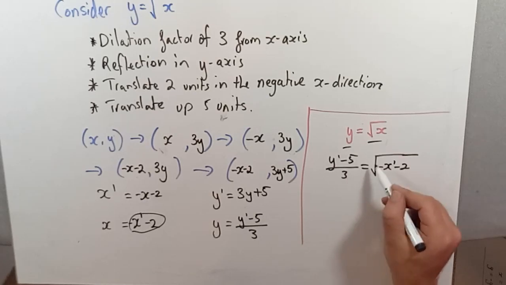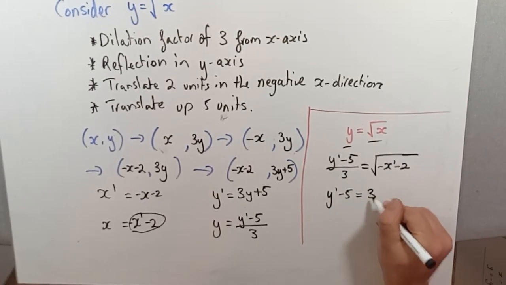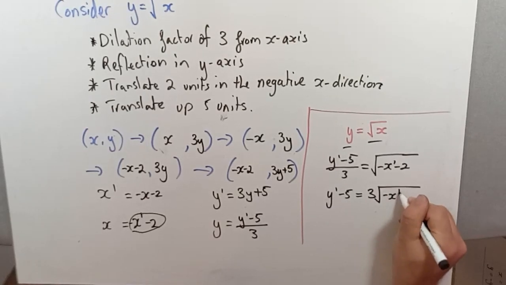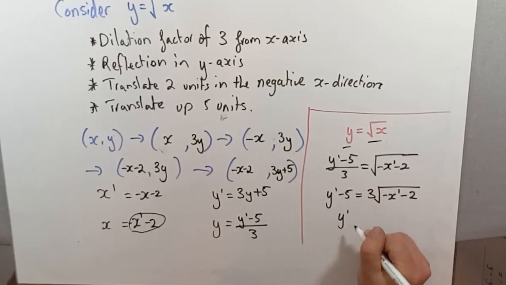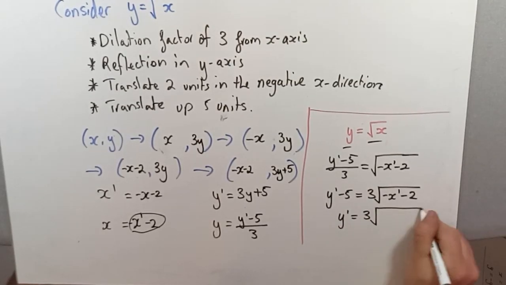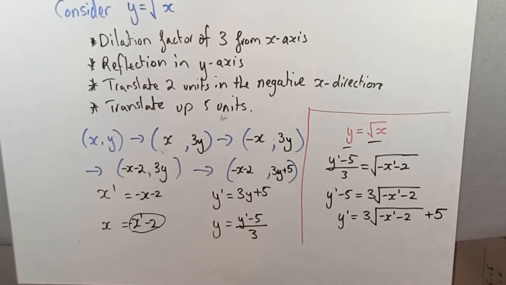If I times it by 3, y image minus 5 equals 3 times the square root of negative x image minus 2. Add the 5, y image equals 3 times the square root of negative x image minus 2, plus 5. And there we go. Got the graph of that image through all these transformations.